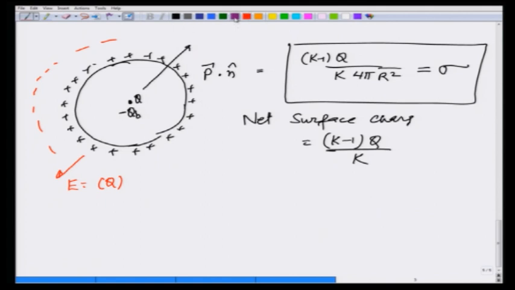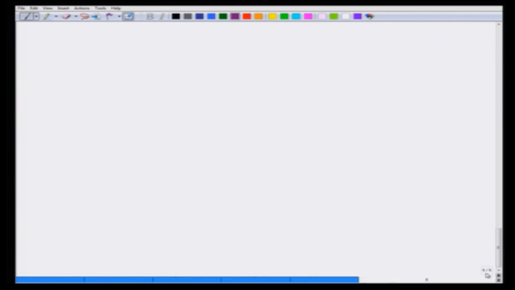Let us now see this a little more rigorously. To see this, let me make this sphere again, charge q in the middle, and I have divergence of displacement D equal to rho free, and I am going to use Gauss's law for this. Since everything is going to be spherically symmetric, there is no curl.